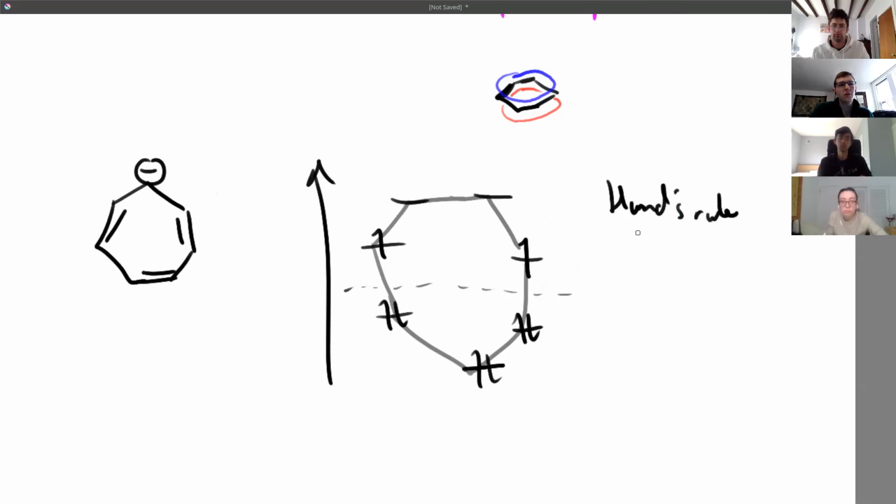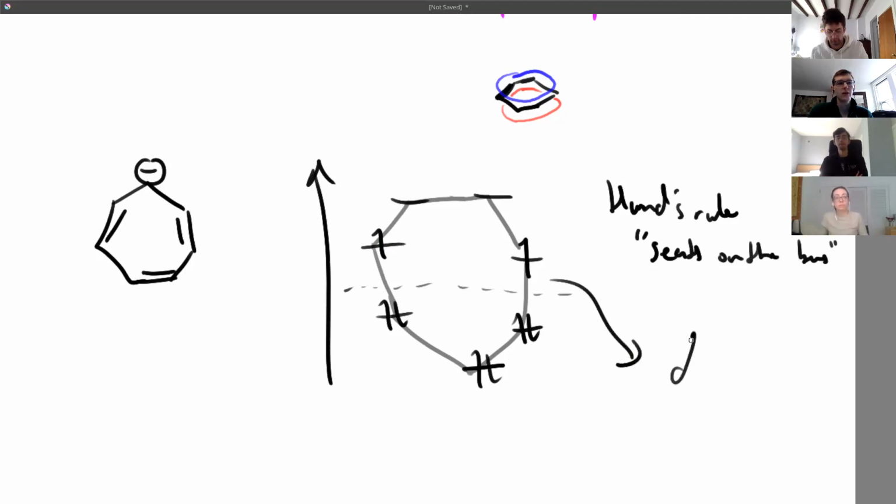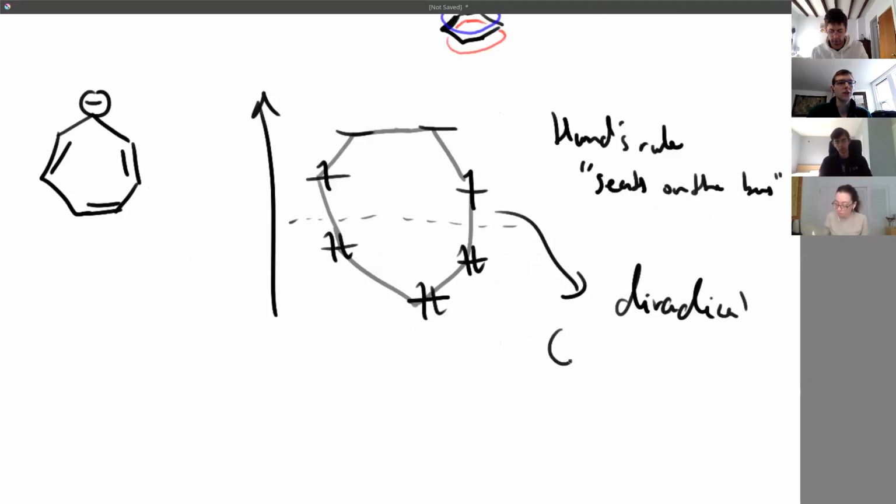That's if you want to be fancy, but otherwise you can call it seats on the bus, which means that every electron, or everybody who's on the bus, will take their own seat before they go and sit with somebody else, right? So these 2 electrons will fill in these orbitals themselves first, and so they'll be lone, and this will form a diradical. Okay, and so exactly like you said, this is anti-aromatic.